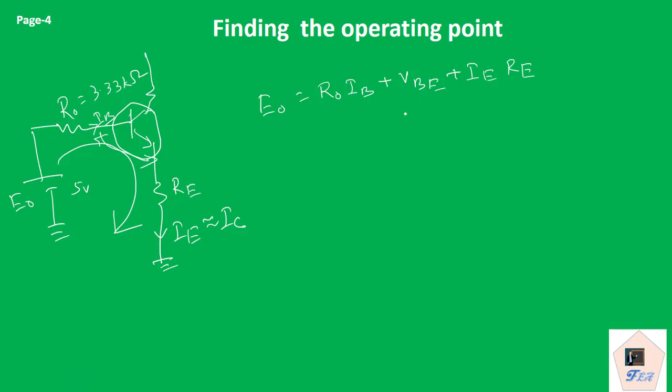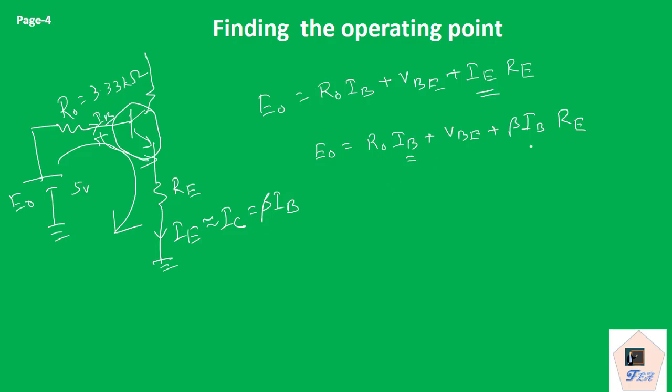As we have considered IE equivalent to IC, and also IC is equivalent to beta IB, we can replace here IE as beta IB. So you can write it as E naught is equal to R naught IB plus VBE plus beta IB into RE.